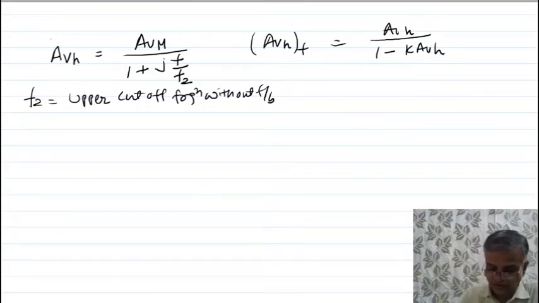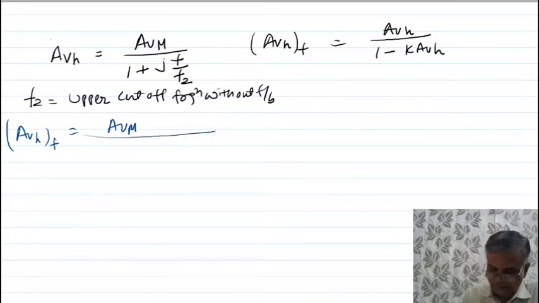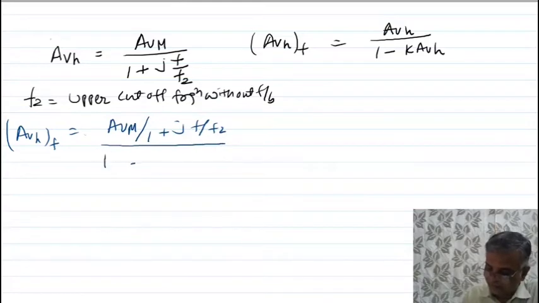So AVHF equals AVM upon 1 plus jf by f2, upon 1 minus k AVM upon 1 plus jf by f2.